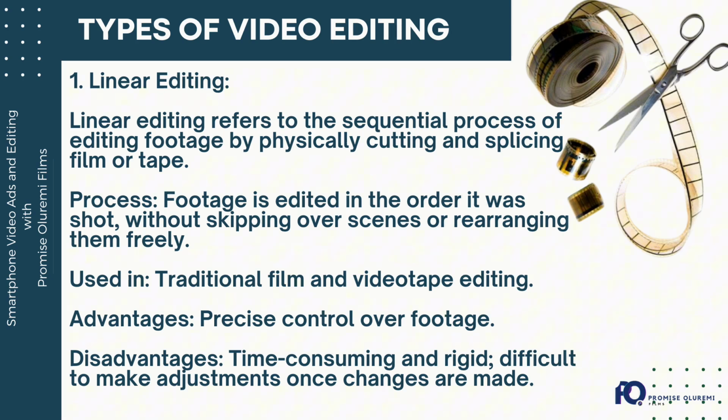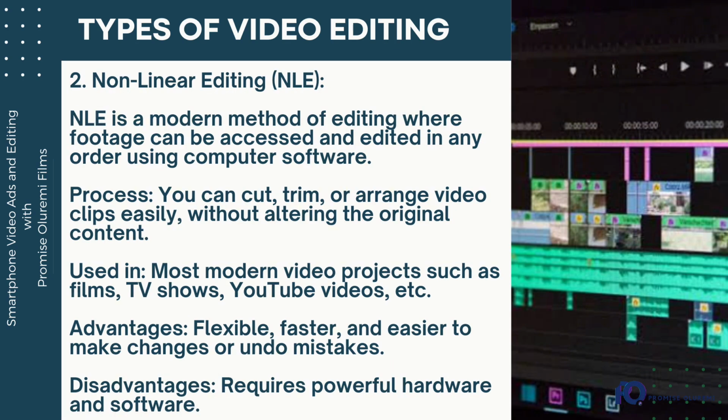Now, another type of video editing that we have is non-linear editing. It is the modern type of editing that we have now, where footage can be accessed and edited in any order using computer software, and you can cut, trim, and arrange video clips easily without altering any original content at all.